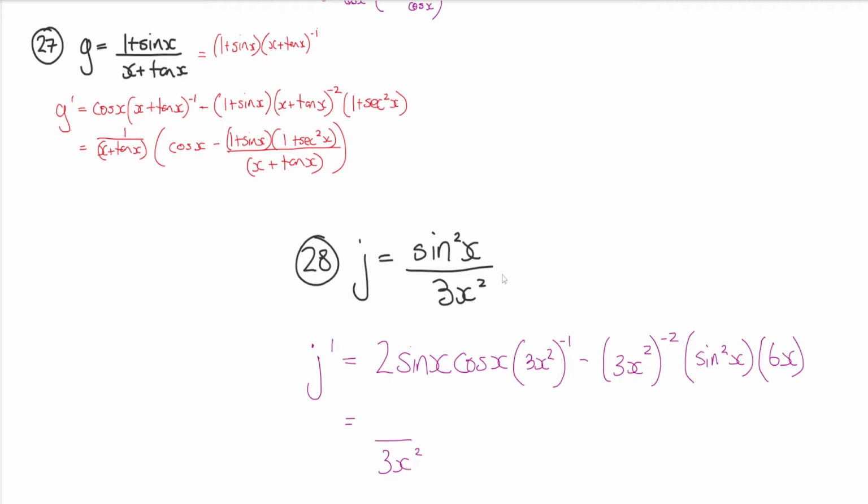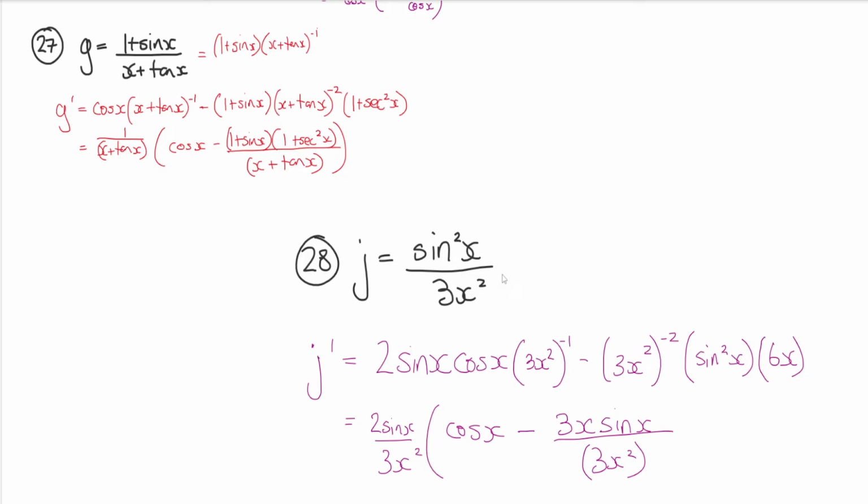So I can take out a 2 sine x, I believe, and we end up with cos of x minus 3x sine x all over 3x squared, right?